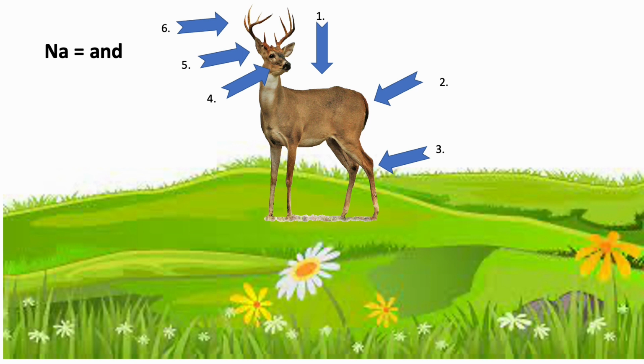These are just like little filler words. And so na means and. So in the sequence, it'll be saying the deer has brown fur, and the deer has a short tail, and the deer has, so that's all we're doing here.